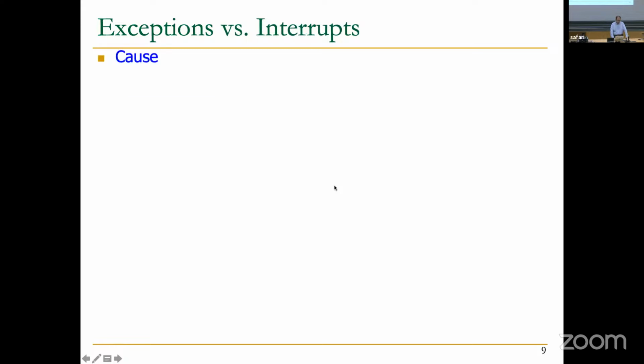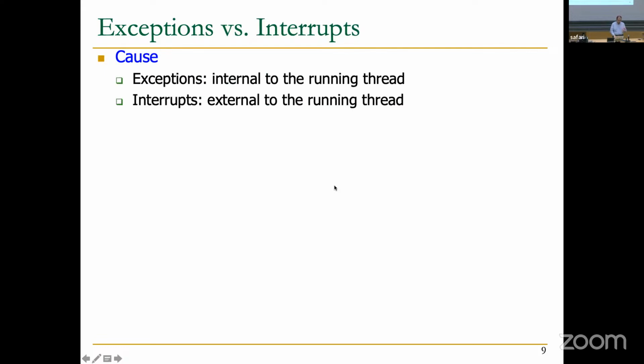Okay. So exceptions and interrupts are very much the same, in many cases, but they are also a bit different in philosophy. The cause of exceptions is usually internal to the running thread. So one thread is running and some exception happens for that.